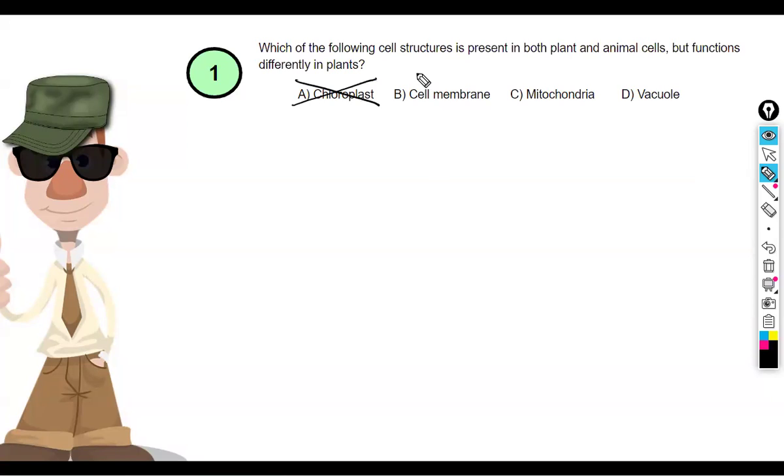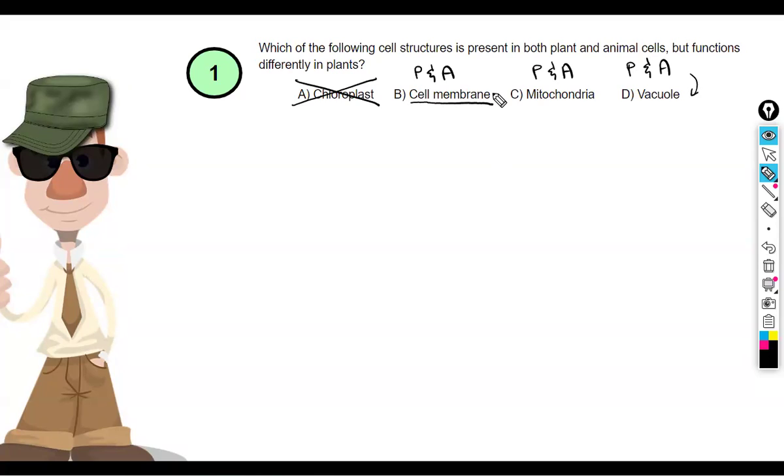However, I'll put P for plants and A for animals. Both plants and animals have a cell membrane. Both plants and animals have a mitochondria, and both plants and animals have a vacuole. Tell me something. Does the cell membrane do the same function in a plant and animal cell?